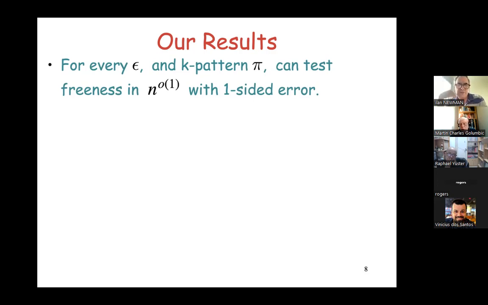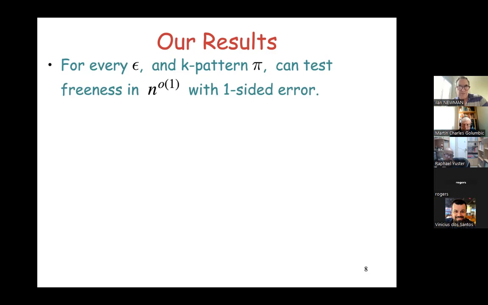So the limiting behavior is the dependence on epsilon rather than k. Because we fix k, and then for every small epsilon, we want the algorithm to work. So we actually get to the case where epsilon is much less than 1 over k, and the limiting behavior is determined by this epsilon.